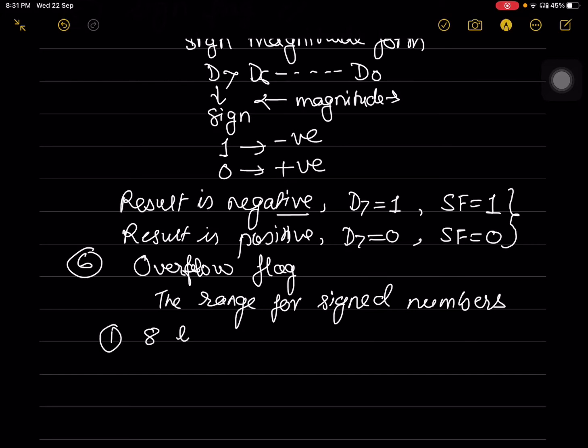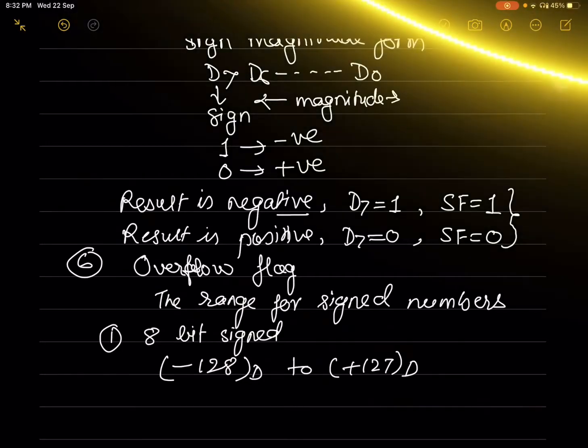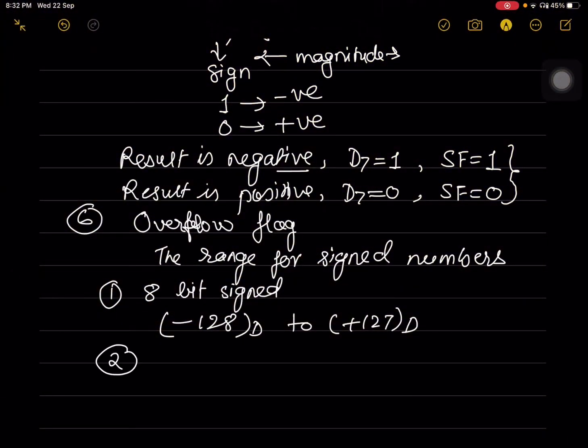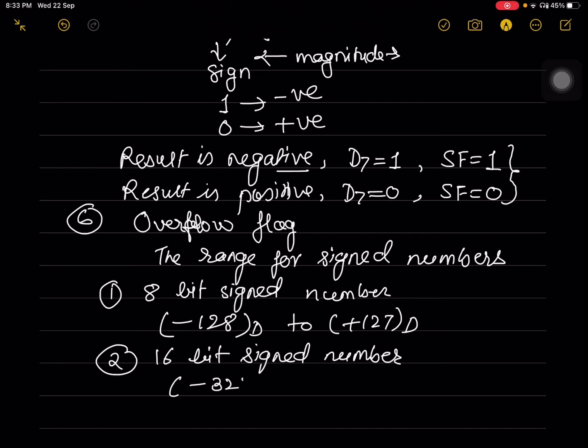For 8-bit signed numbers, the range is minus 128 decimal to plus 127 decimal. And the range of 16-bit signed number is given as minus 32,768 decimal to plus 32,767 decimal.